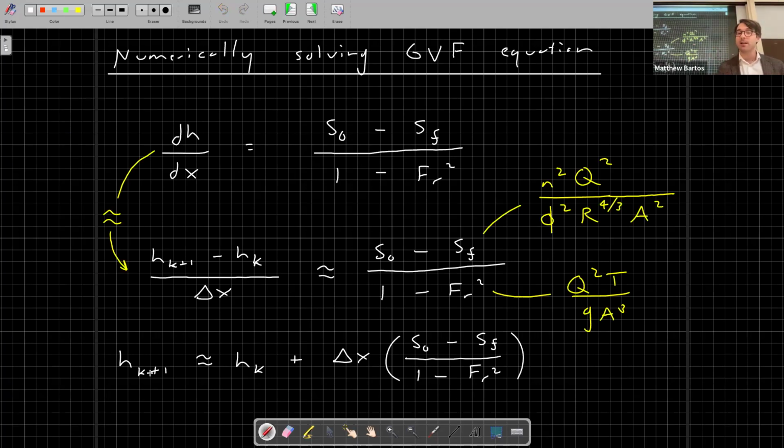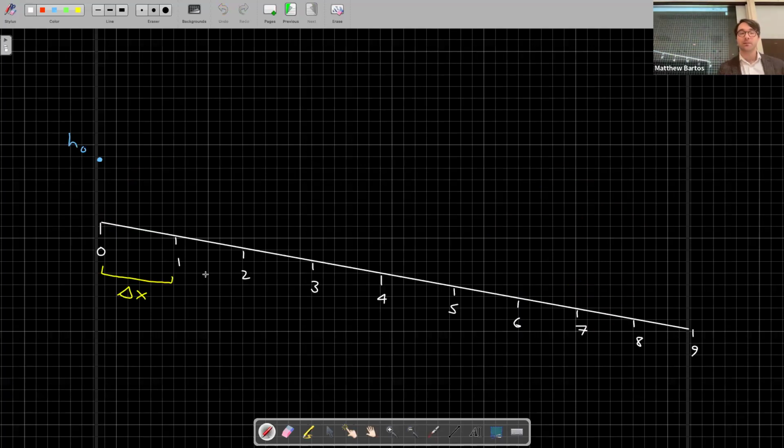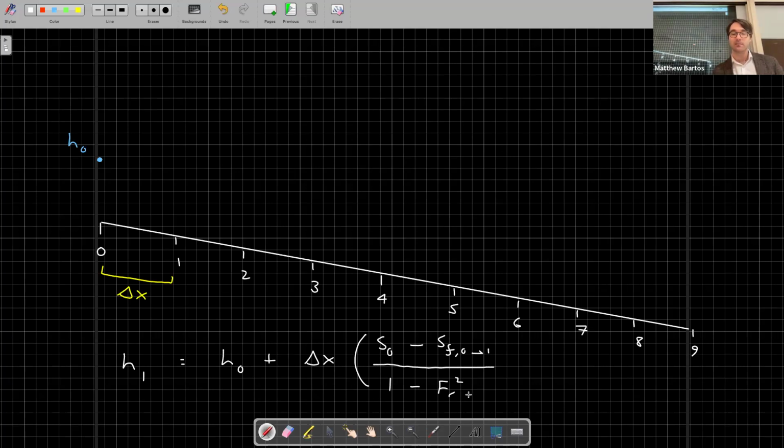So in this case, we'll have h_1 is equal to h_0 plus delta x times quantity bottom slope minus the friction slope from 0 to 1, divided by 1 minus the Froude number squared from 0 to 1.